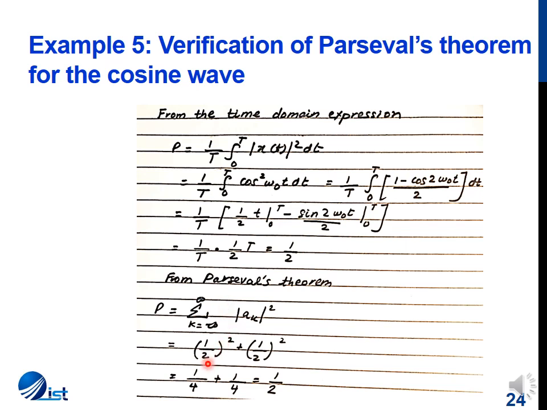So we add 1 by 2 squared plus 1 by 2 squared, and we again get 1 by 2. So we can prove that if you take power from the time domain waveform or from the frequency spectrum, the value is equal.